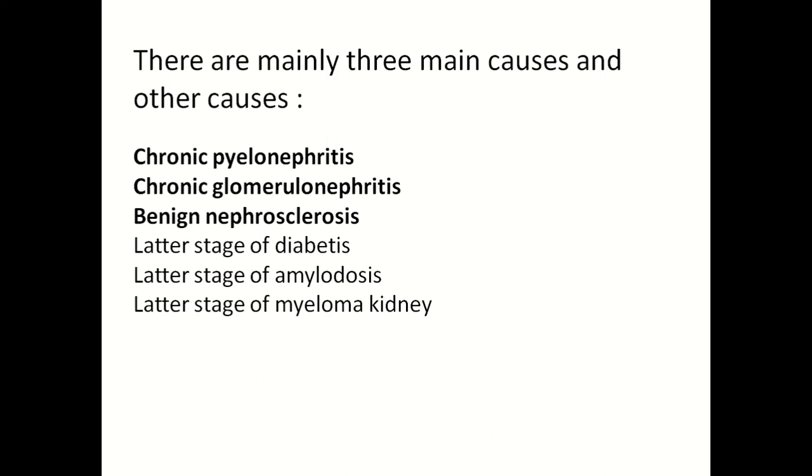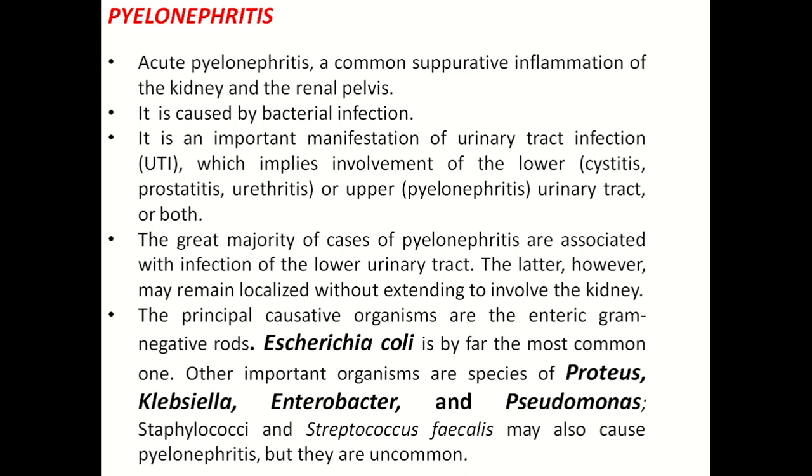The first is chronic pyelonephritis. But before we jump onto chronic pyelonephritis, you must be aware of what pyelonephritis is, and there are two types of pyelonephritis. One is acute pyelonephritis, and the second is chronic pyelonephritis, which is the cause of small contracted kidney.